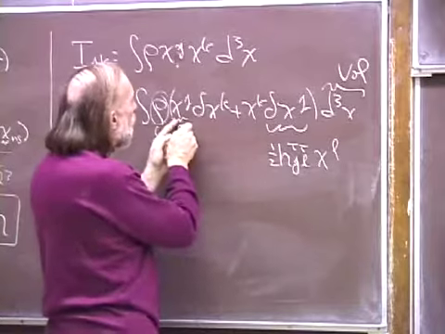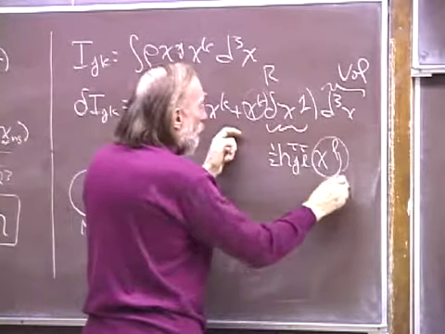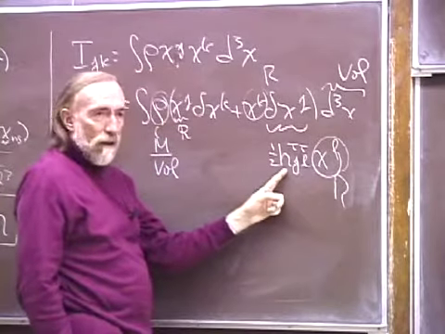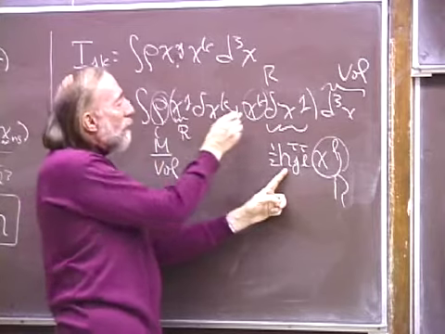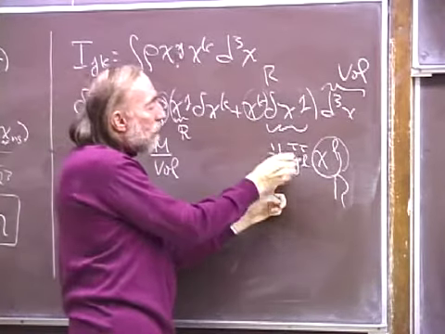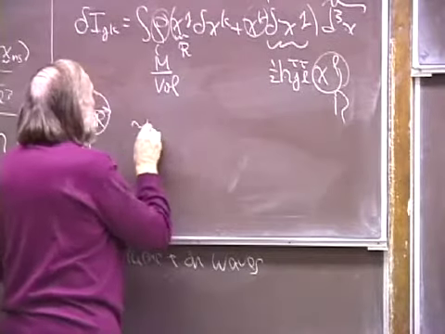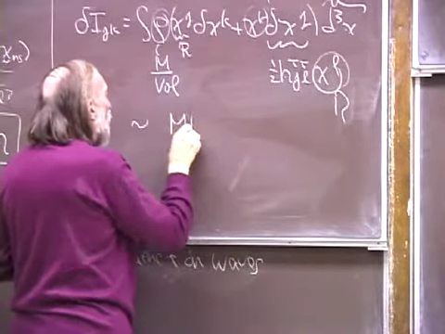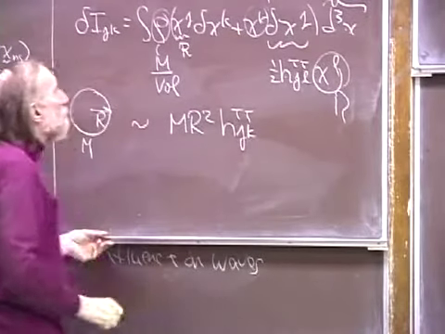So I have an r here, an r there, and an h. So I basically have an m over volume, I have an r, an h, an r, and a volume. And that whole thing then looks like m r squared h_jk transverse traceless.